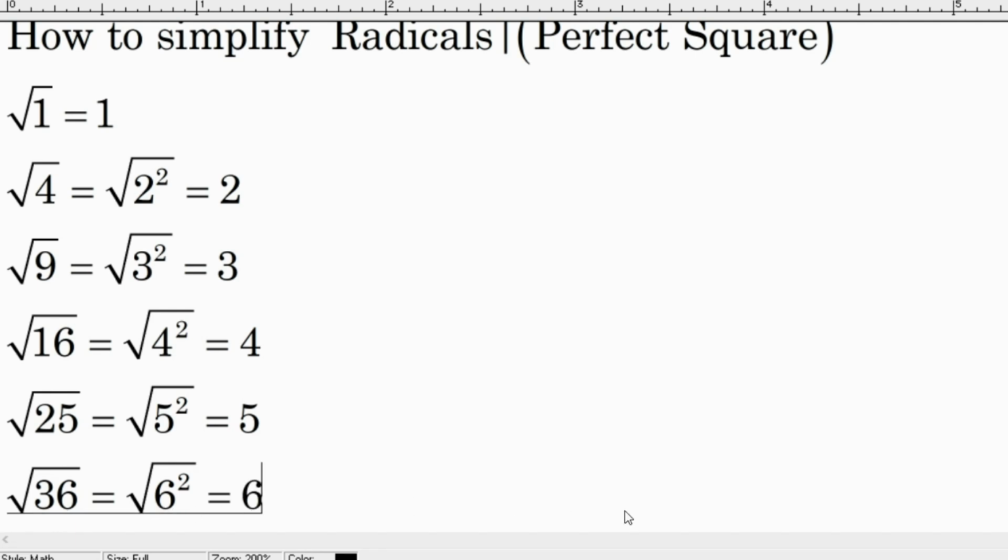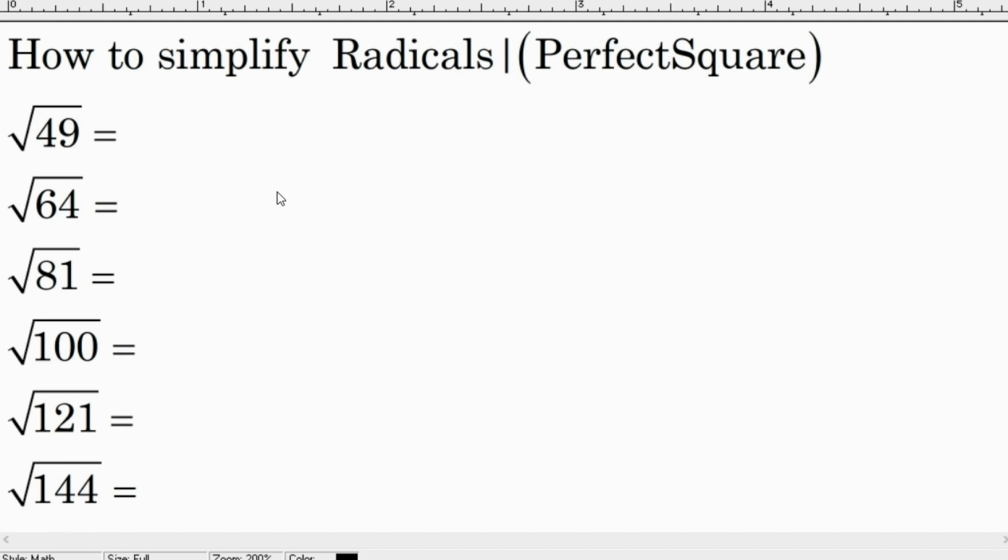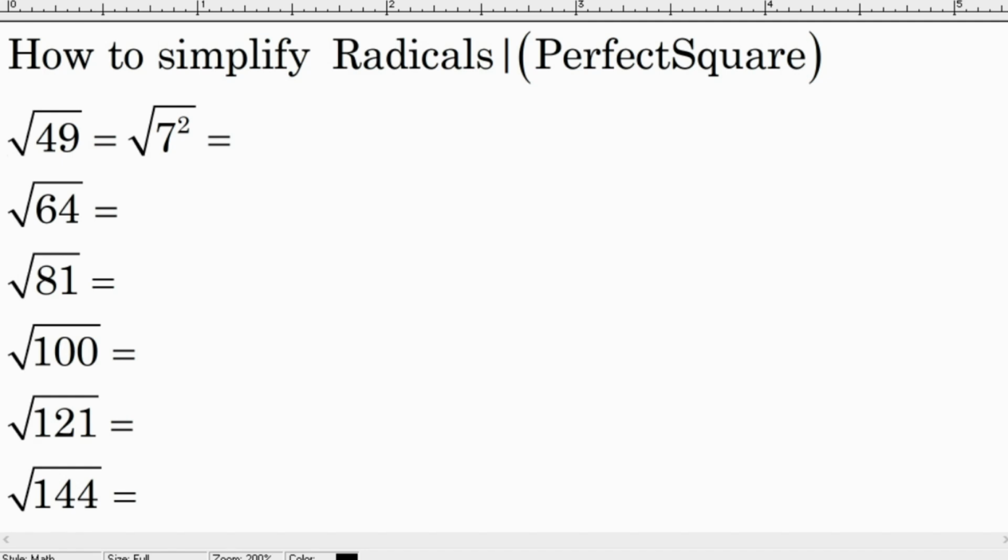Now we can move on to the next numbers. We have the square root of 49, which is equal to the square root of 7 squared, and that will be equal to 7.